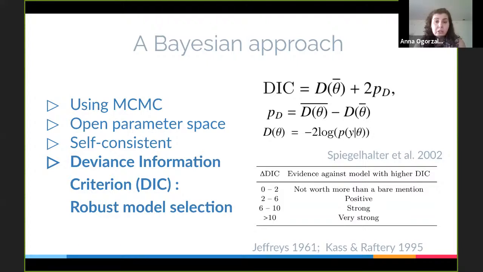Here, let me just briefly show the definition of the DIC that we used, where D of theta is the deviance of a parameter vector theta given likelihood of the data vector y, and pD is the effective number of model parameters, which is a measure of model complexity or flexibility, in other words. But it's not always necessarily just the number of free parameters.